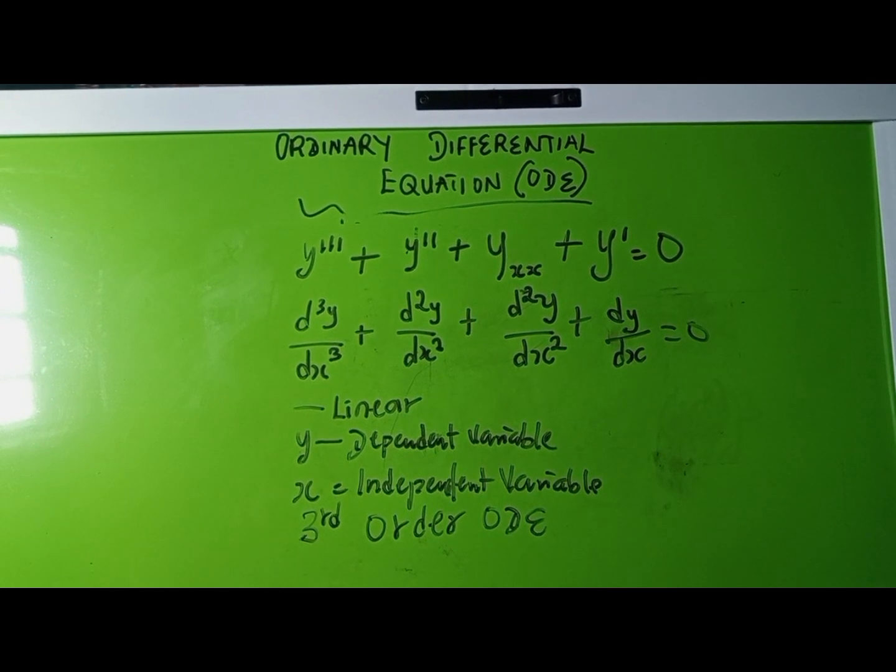Now, since we know the order of the equation, let's talk about the degree. What is the degree of the equation? Now, your degree in this equation is the first degree.